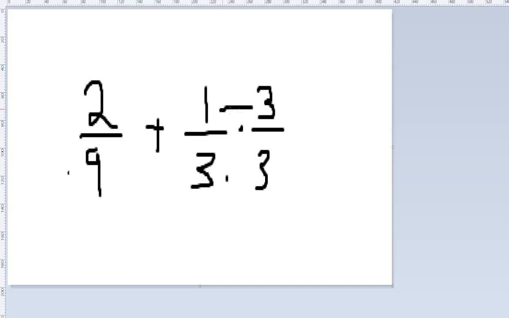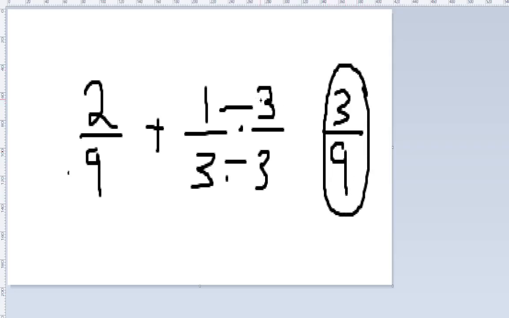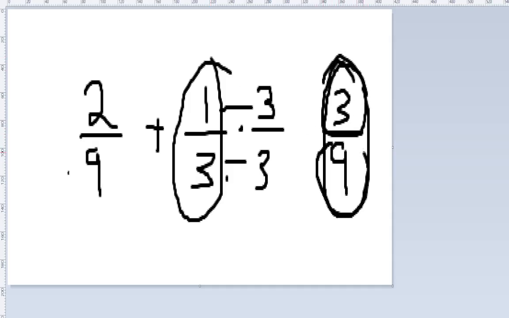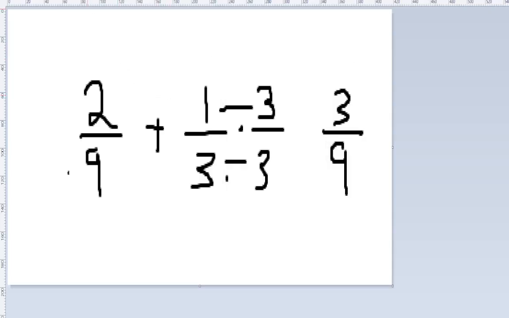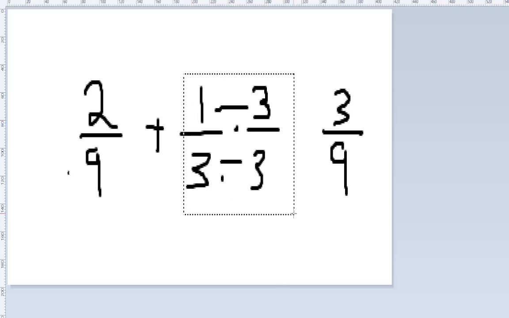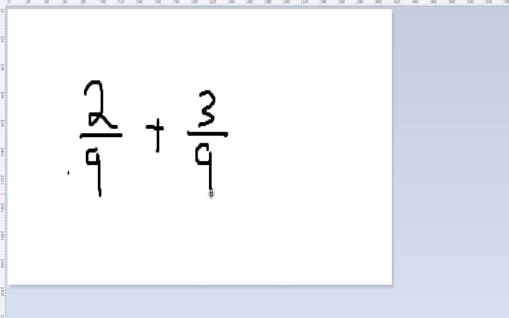3 times 1 is 3. 3 times 3 is 9. And it makes sense that 3 over 9 is the same fraction as 1 over 3, because if I simplify this, it goes back to 1 over 3. But in this current moment, I need to replace that 1 over 3 with 3 over 9. Now I can see that the bottom denominator is indeed the same.